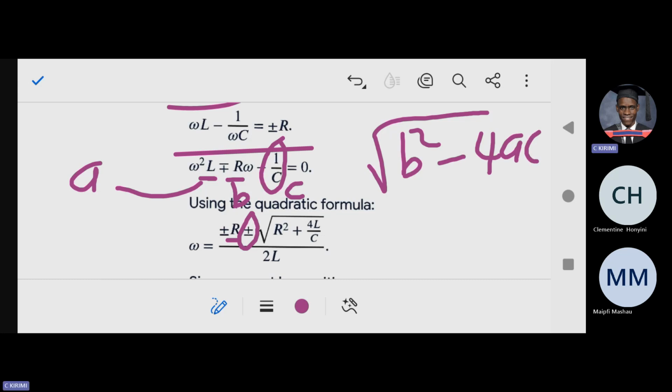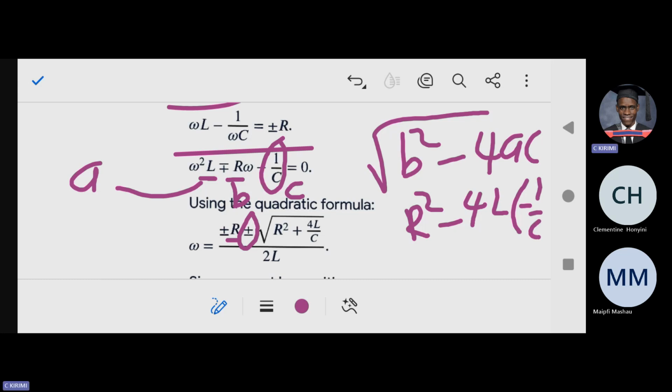My a was L. b is r, so b squared is r squared, minus 4 times a, which is L, times c. C is negative 1 over c.